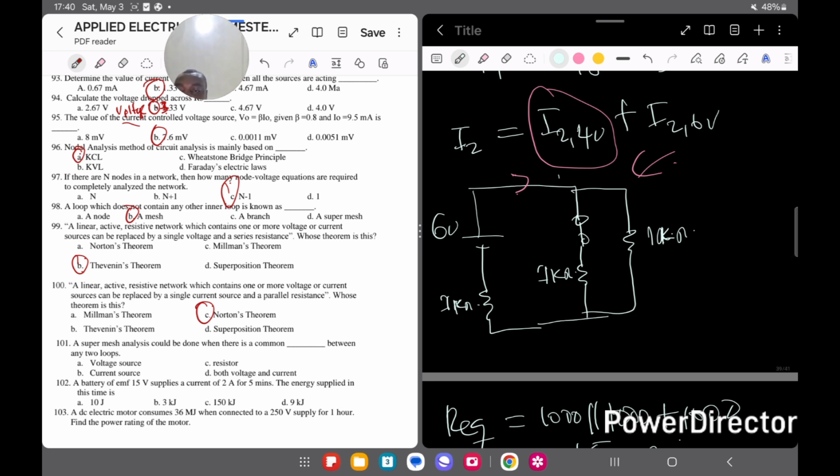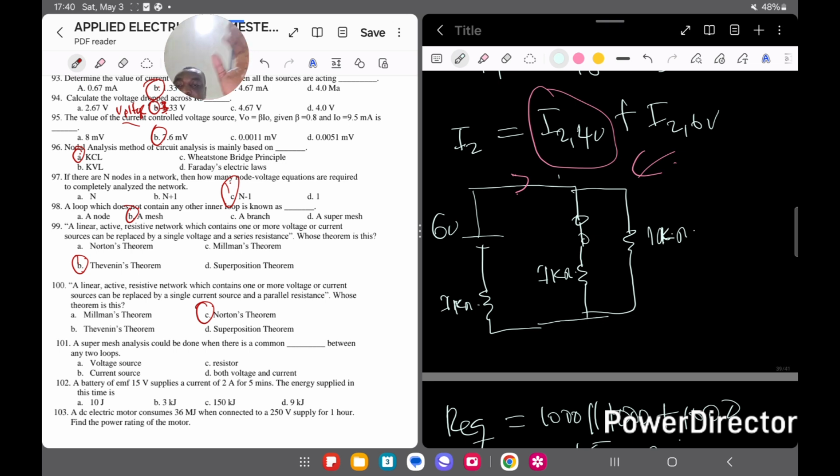A supermesh analysis could be done when there is a dash between any two loops. I didn't really talk about supermesh, but when we talk about it, it means they tend to have a common current. Let's say you have a branch with a common current.